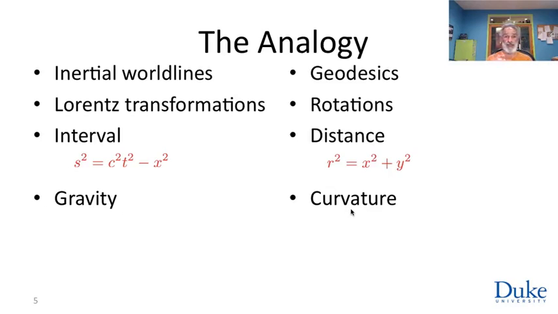So the idea is the presence of a massive object deforms space-time in its vicinity, and the motion of inertial, freely falling objects is along geodesics, these straightest of lines that you can draw. Remember, inertial world lines were those straight lines in the flat case, absent gravity, and now they're going to be as straight as they can be in this curved space-time.